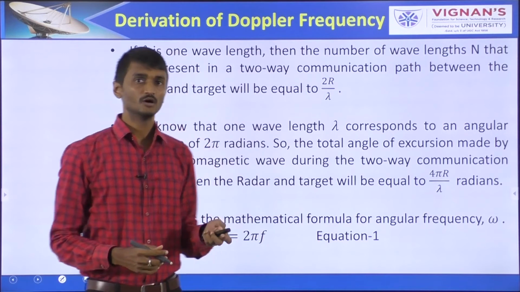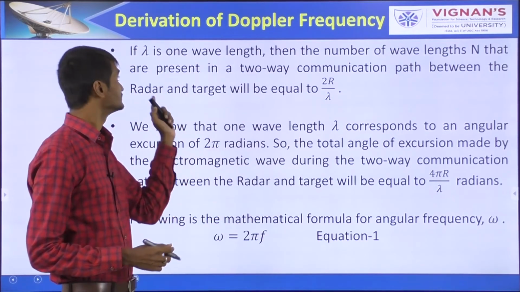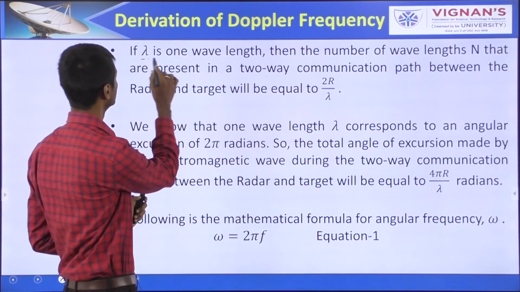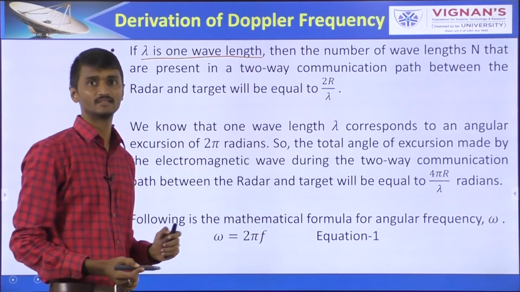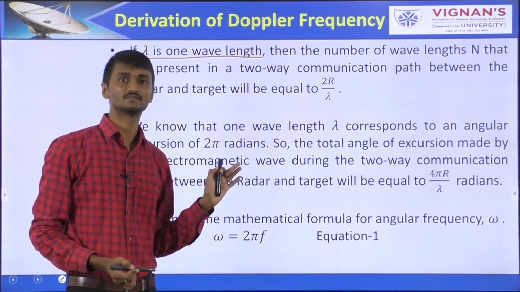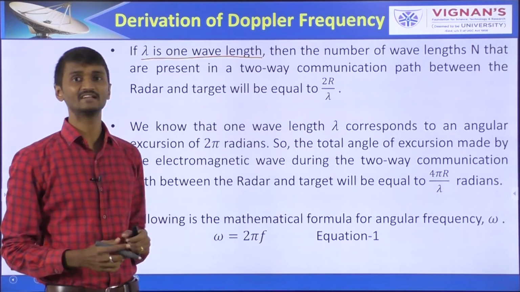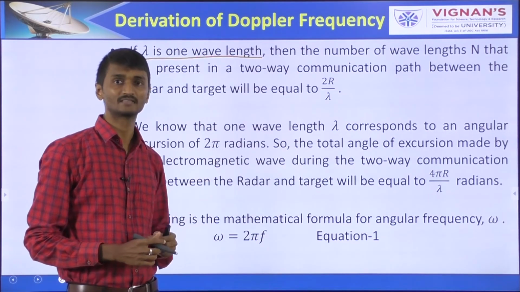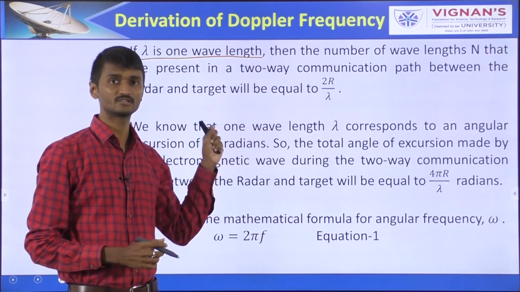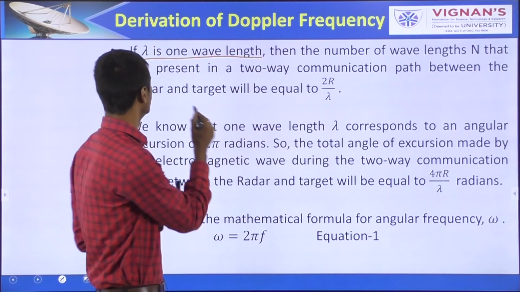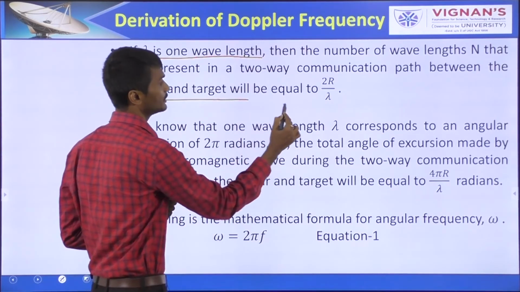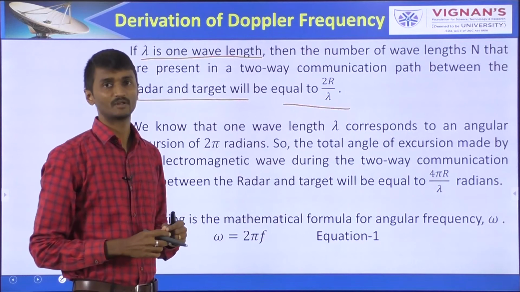If lambda is one wavelength, then the number of wavelengths N present in the two-way communication path between the radar and the target will be equal to 2R by lambda.